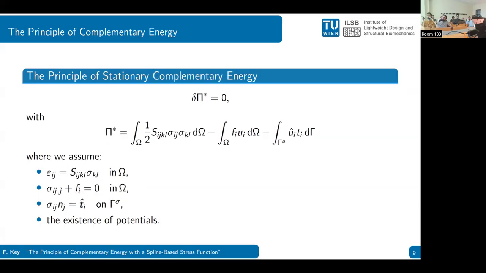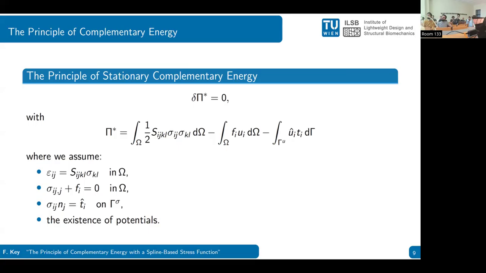The principle of stationary complementary energy is now a little bit different. So you keep the other terms. Basically, the complementary energy is now denoted by this chi star, and it has some term in the stresses, where this tensor now is the compliance tensor. You have the contributions from the body force term, and the contributions from the boundary where you prescribe the displacement.